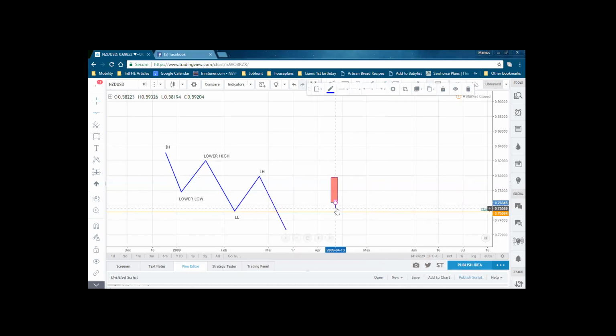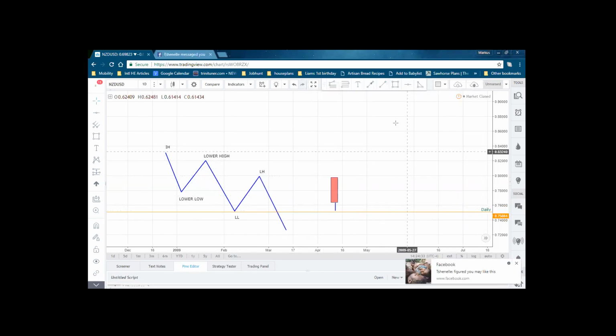Let's say this forms our lower low. Price retraces, forms a couple of bullish candles, and then returns to the same price level. As long as it does not close below the previous low, we are not looking at a new structure low.